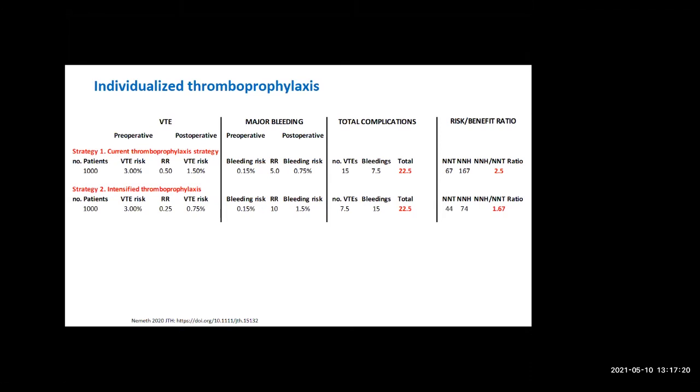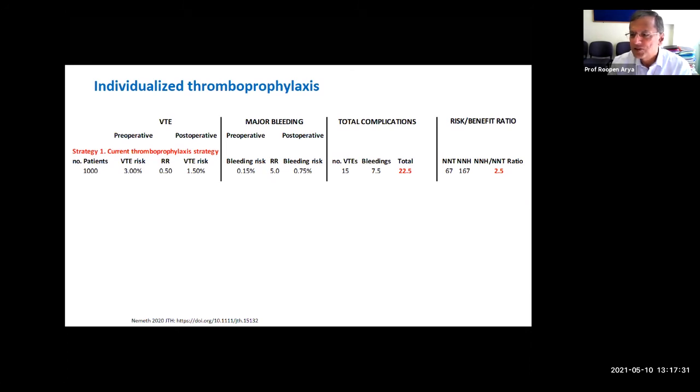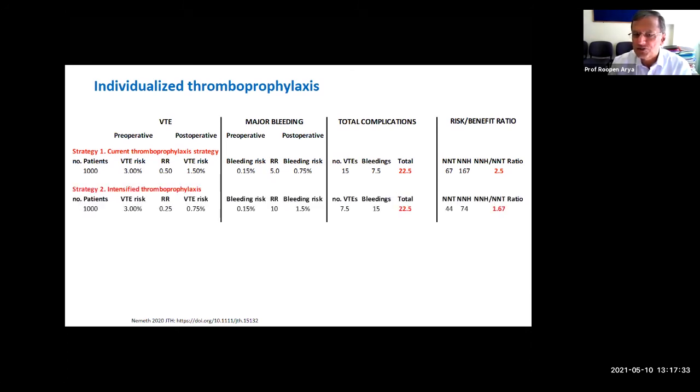With an individualized approach to prophylaxis using current strategies, you have 22.5 complications out of 1,000 patients. If you intensify the thromboprophylaxis, you get more bleeding, fewer clots, but still the same number of complications.